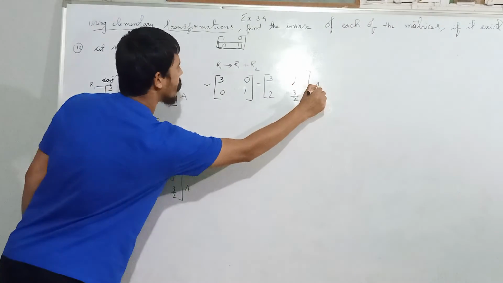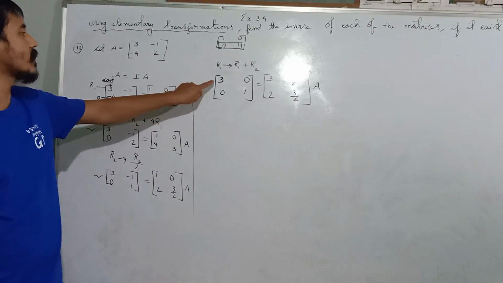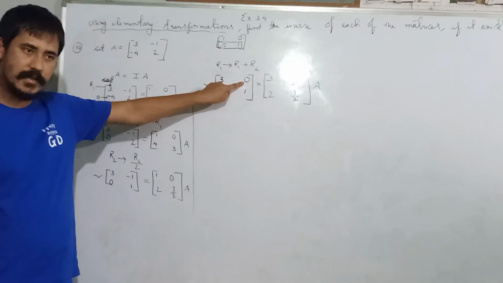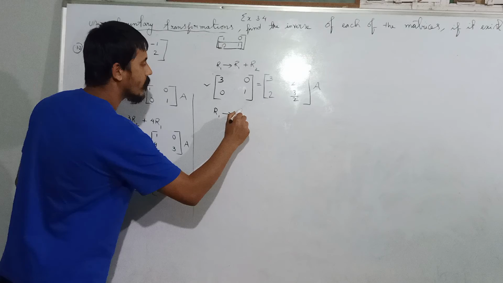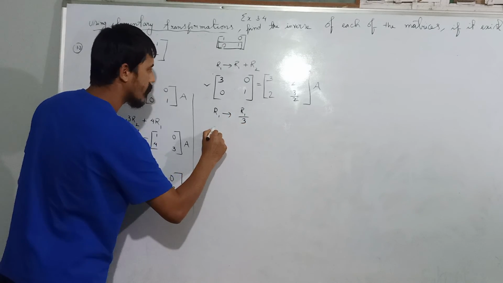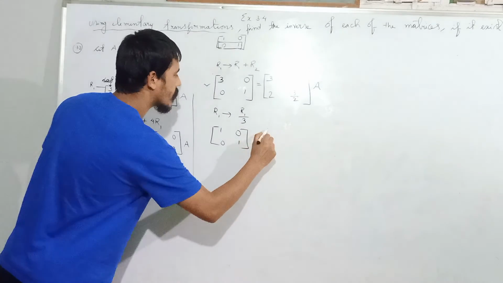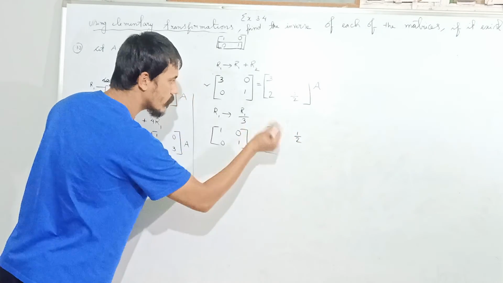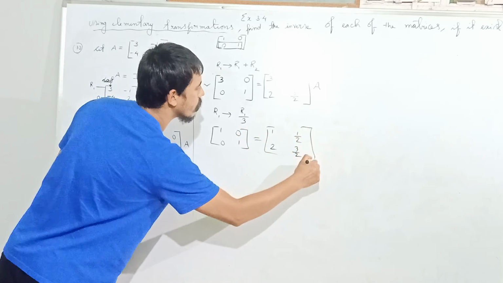Now I convert this entry to 1, it is already 0, so no problem. R1 goes to R1 upon 3, so this becomes 1, 0, 0, 1, and this becomes 1, 1 by 2, 3 by 2 divided by 3 is 1 by 2, and 2 and 3 by 2.